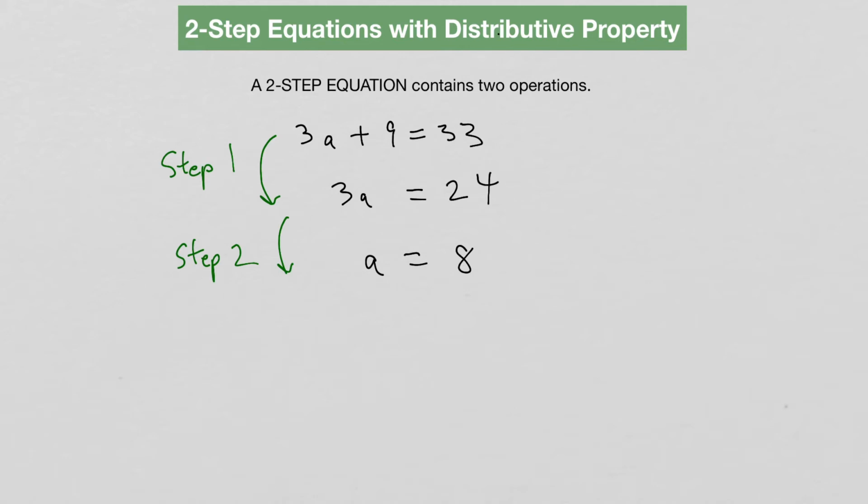Now let's add in the other component, which is the distributive property. We'll do this with another example. Let's suppose that we have 2 times the quantity x minus 2 equals 6.